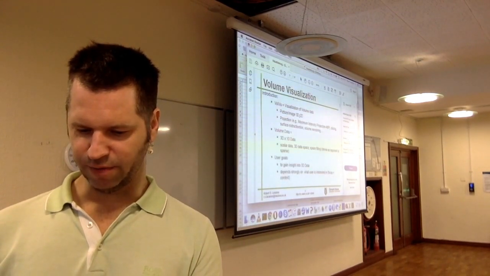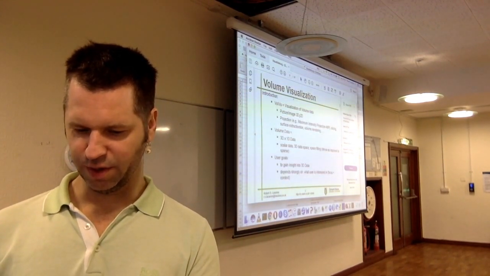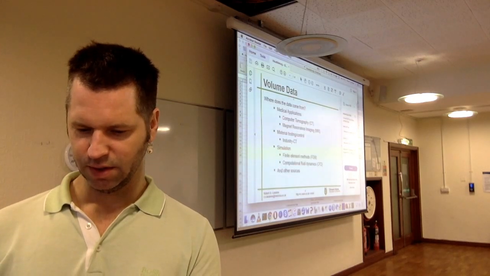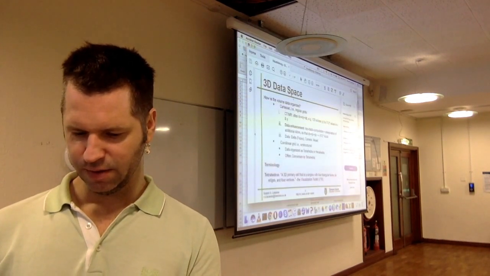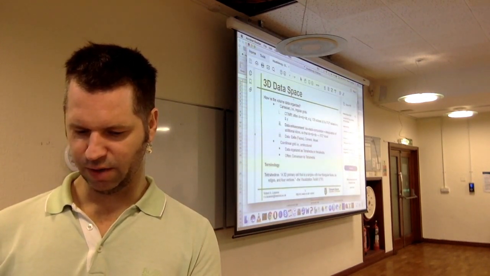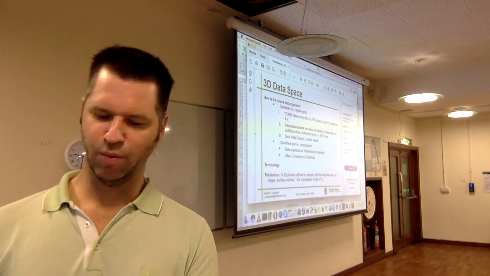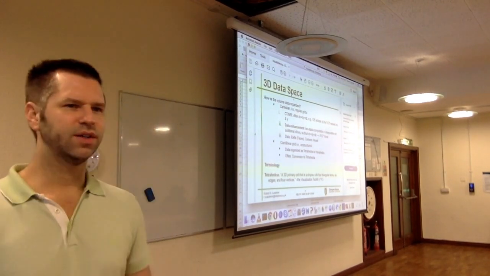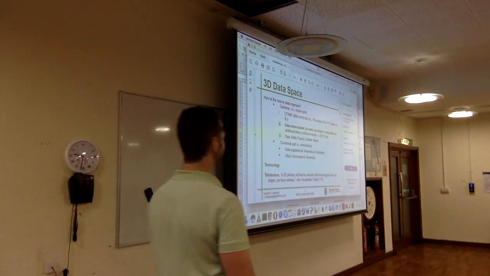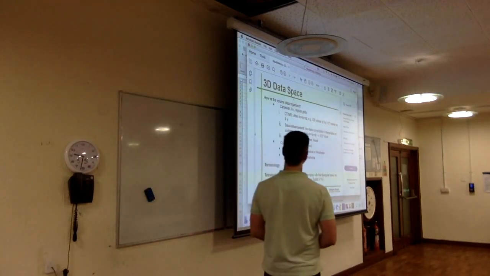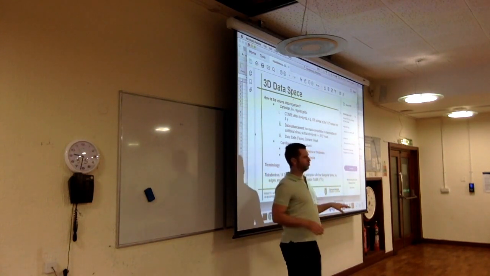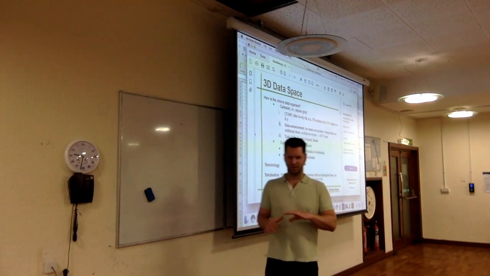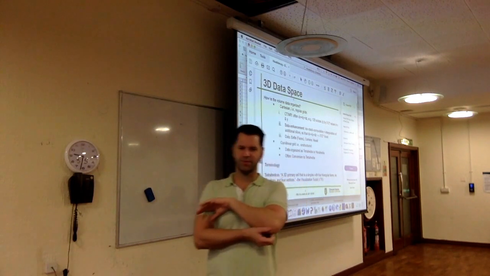And then we talked about volume visualization, what it is, where volume data comes from, sources of volume data. We talked about tetrahedron, what it is. We used to have lectures on grid structures, different kinds of grids, but I took it out because it's not something that's popular enough.